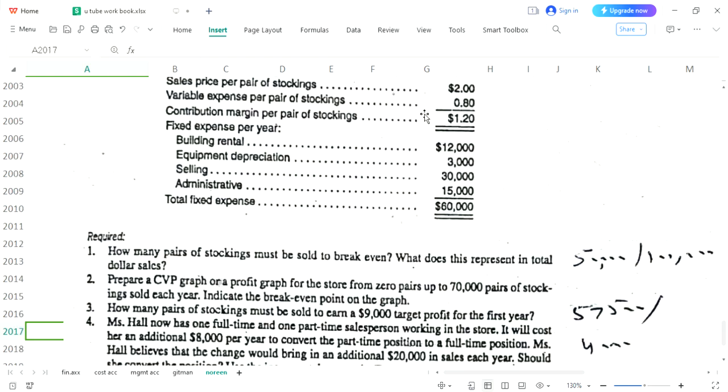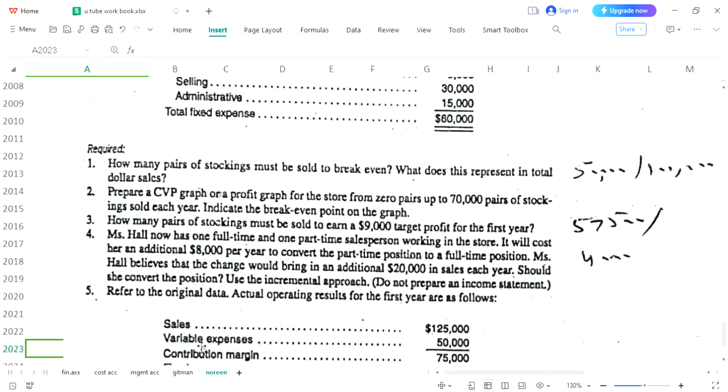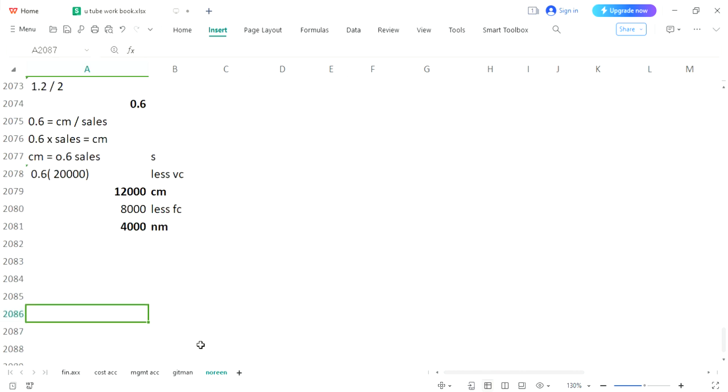And what was your question? It was asked, what do we want to do? Should she convert the position? So what we will say is that after taking this step, converting a temporary employee into a permanent employee, your net margin would be increased by 4,000.